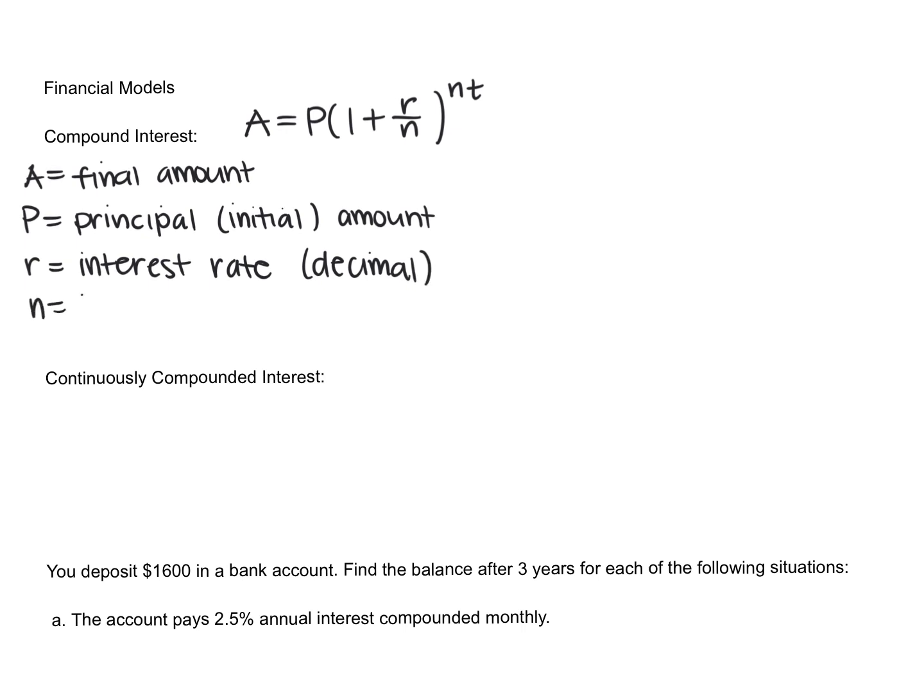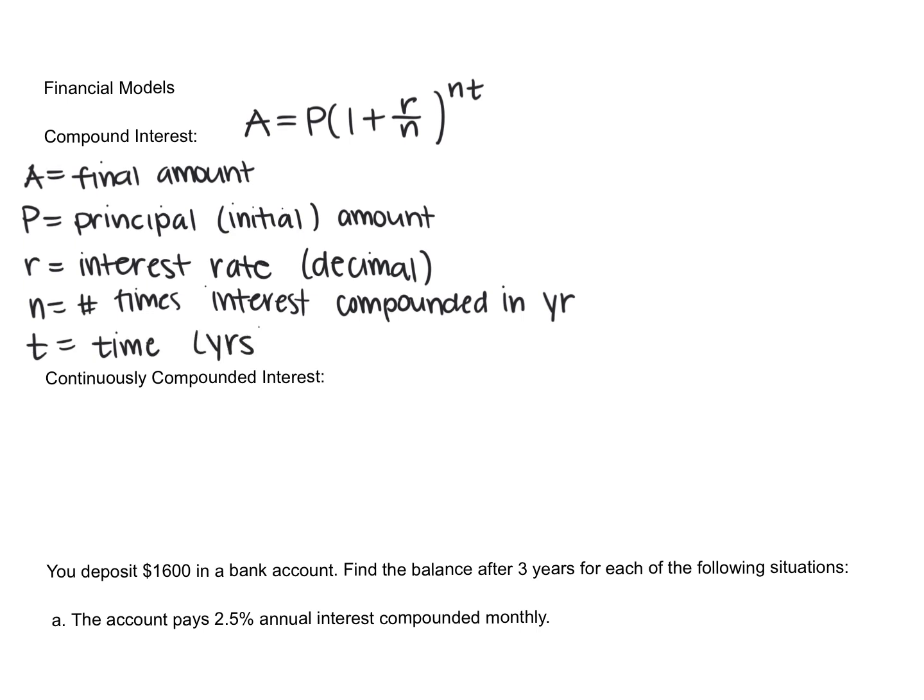N is the number of times interest is compounded in a year. And then T is our time, and in this case, it is always in years. Unlike when we do general exponential growth or decay, time can be any unit of measurement. Here, for compound interest and continuously compounded interest, T is always in years.